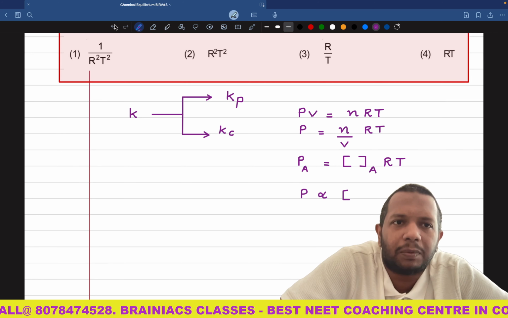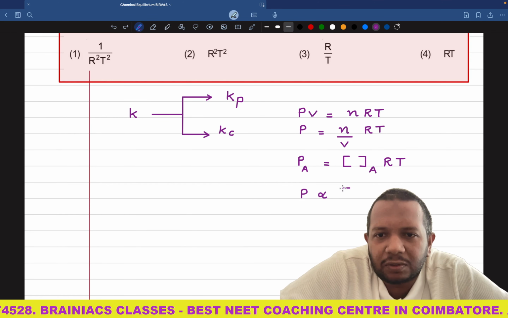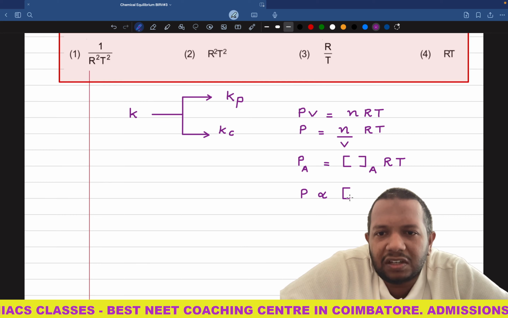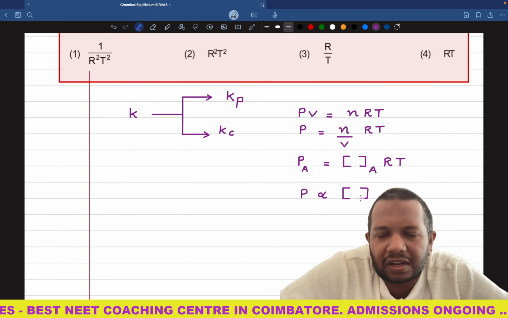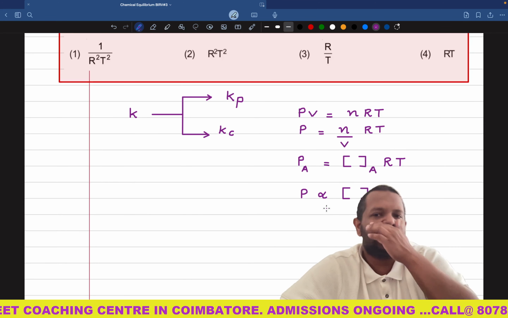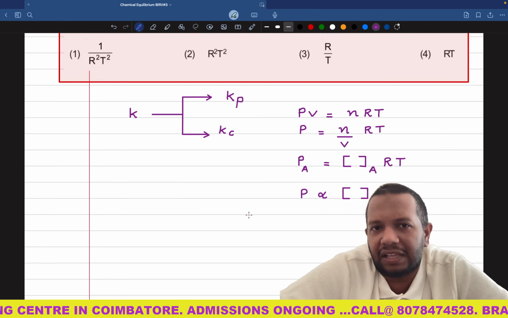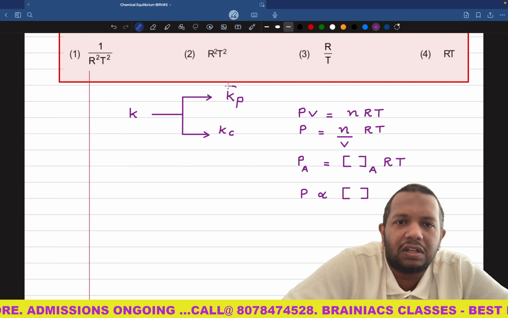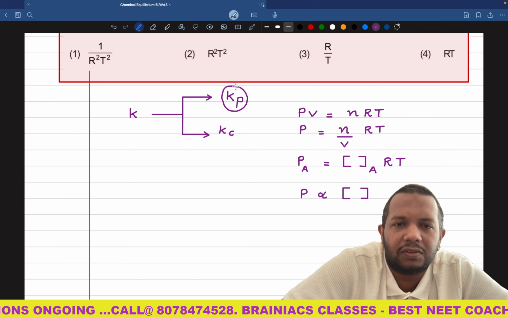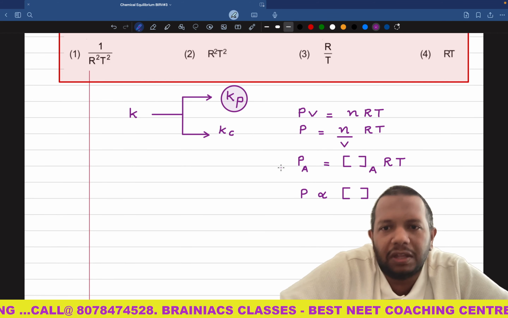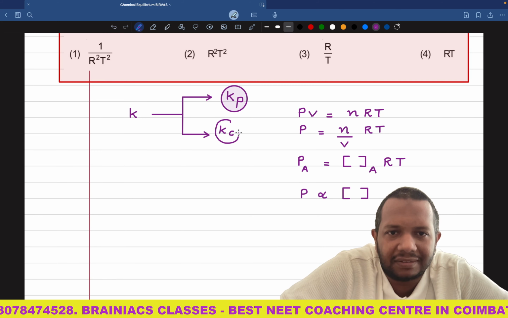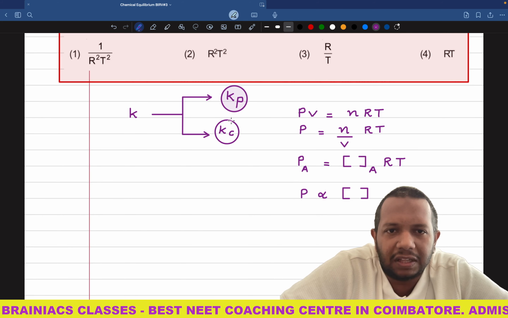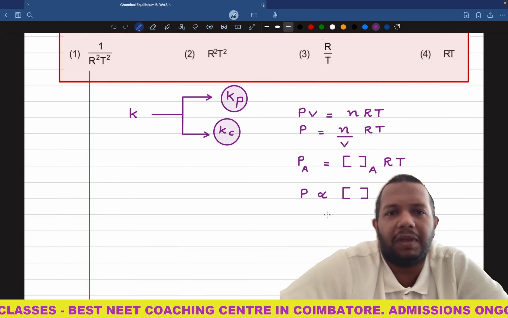So if concentration is not given and you know the pressure of that particular reactant, we can use pressure there. If pressure is coming into the picture, we use the term Kp. And if concentration is coming into the picture, we use the term Kc. Hope it is clear why we are using Kp and Kc.